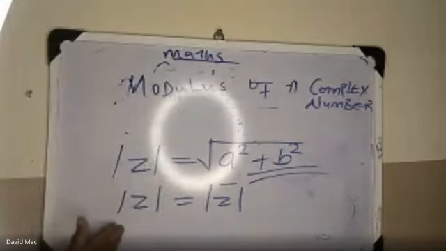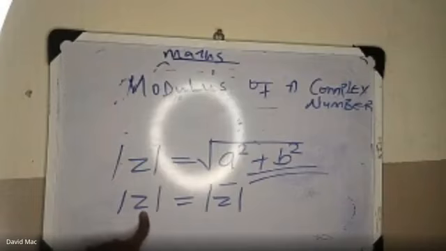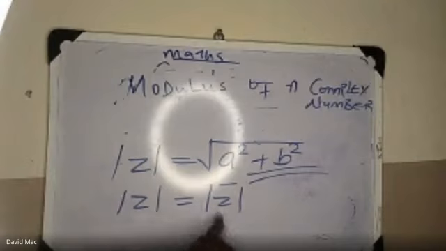The answer you will get when solving the modulus of z is the same answer you will get when solving the modulus of minus z, or negative z. That's what I'm trying to say. No matter your digits, I'm going to show it in questions now. So what we are saying is that the modulus of your z is equal to the modulus of its conjugate.